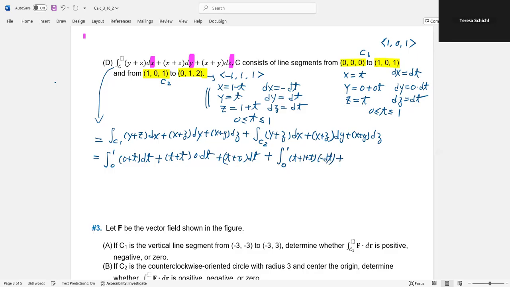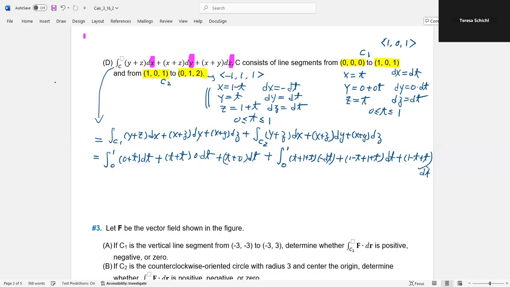Then plus x plus z, so it will be 1 minus t plus 1 plus t, times dy, which is dt. Then plus x plus y, so it's 1 minus t plus t, times dz. So dz is dt.